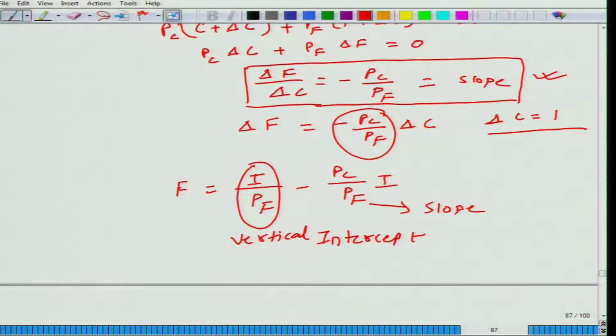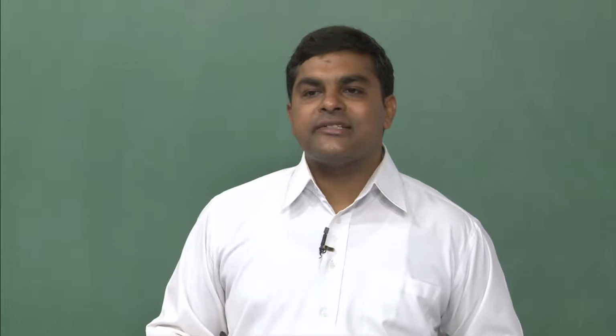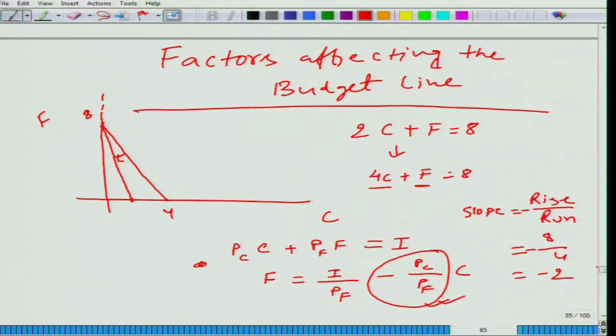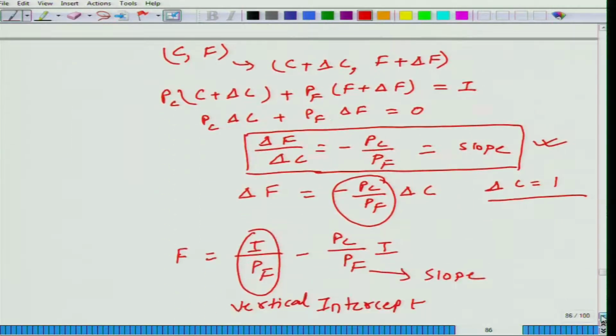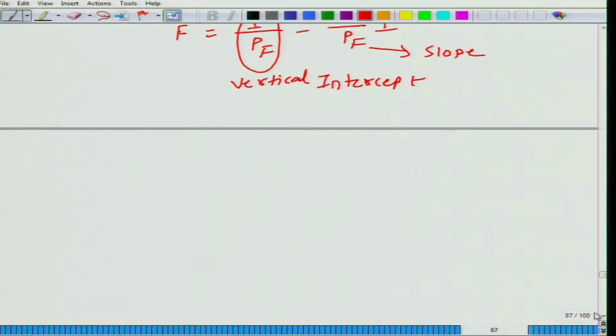So, if the price of fish changes, your vertical intercept changes as well as the slope, and it is not clear from this equation, but in this case the horizontal intercept remains the same. This is the vertical intercept and this is the horizontal intercept. Fine. Okay. So, now we understand the effect of change in price.